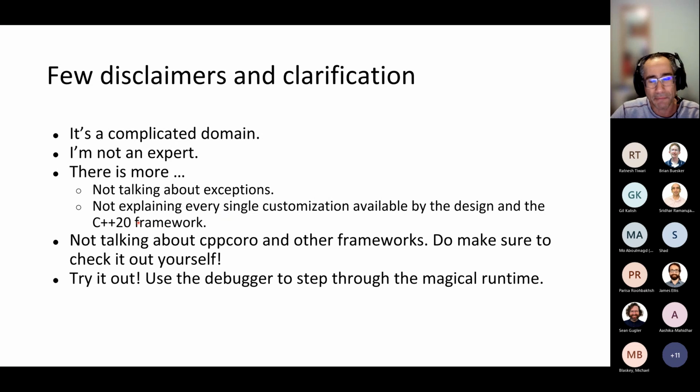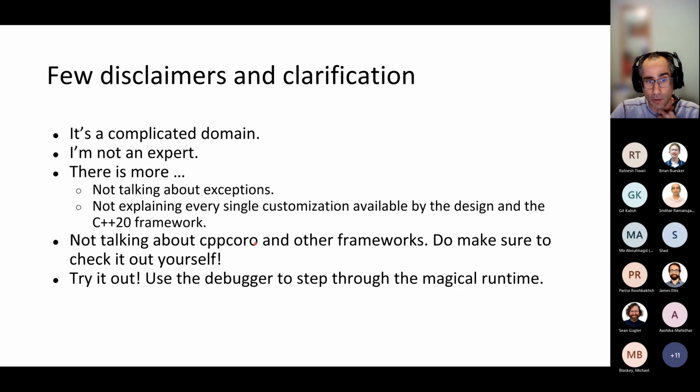I'm not explaining every single customization available for the design. There are all kinds of ways to achieve the same thing, like you can inherit from a specific class or struct, you can return values. I'll talk about it when I get to that. It's not completely comprehensive, because it's a very big topic.